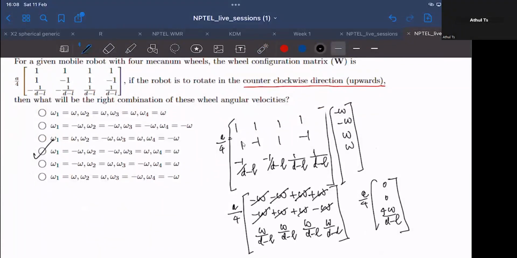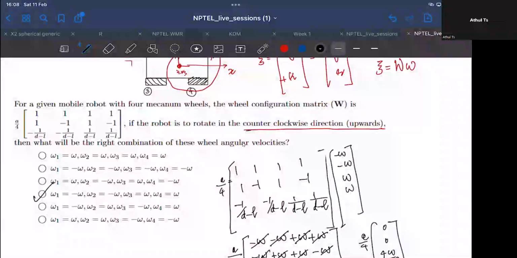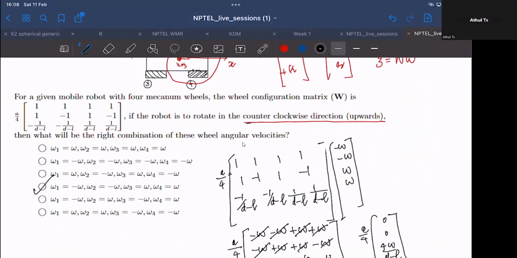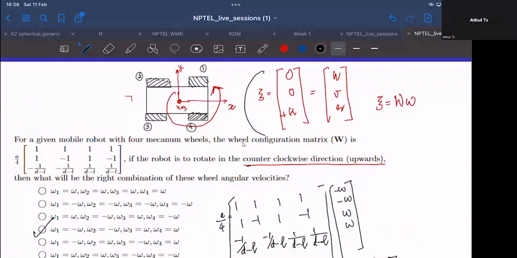In the question, we have been given our requirement: the robot should move in a counterclockwise direction. And we are supposed to find out the right wheel angular velocity configuration. So we have tried each of these cases that would give you the final solution in this form.